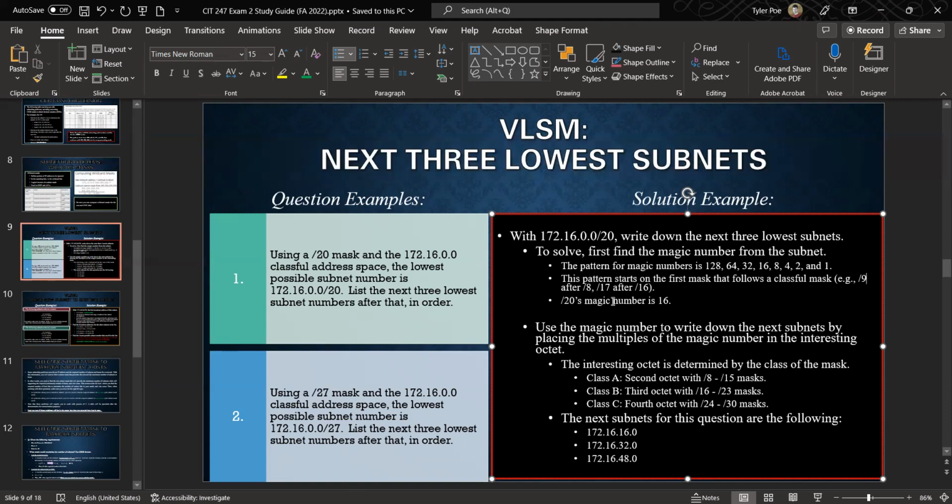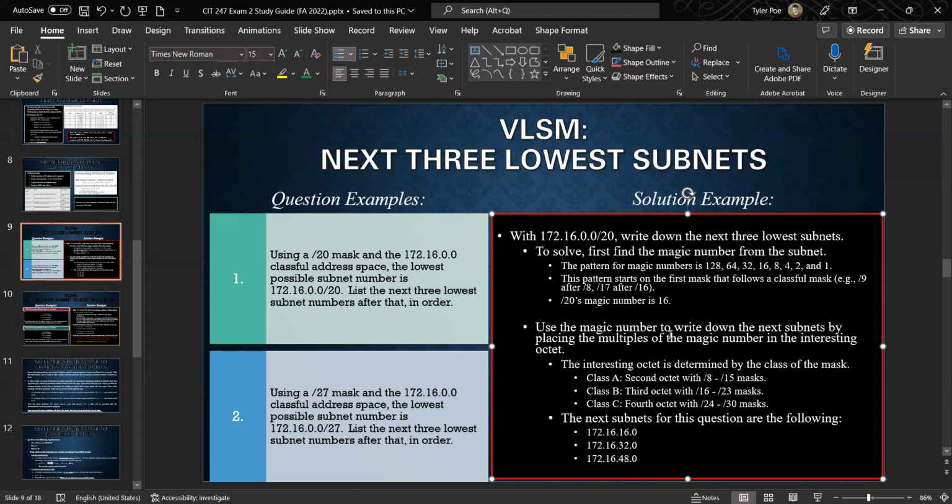So /20 here has a magic number of 16. We know /20 is a class B CIDR mask, so we start counting from /16. /17 is 128, /18 is 64, /19 is 32, and finally /20 is 16.